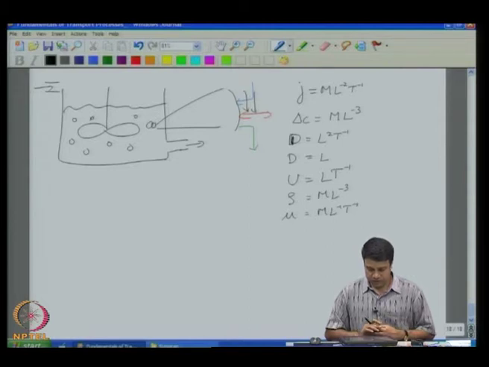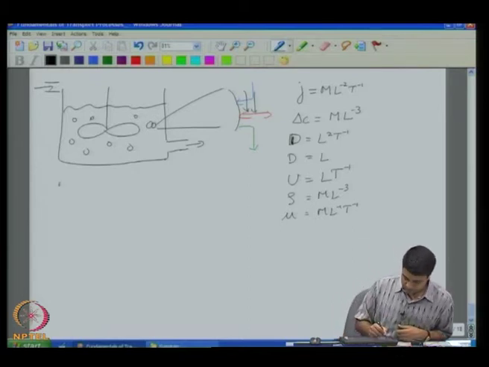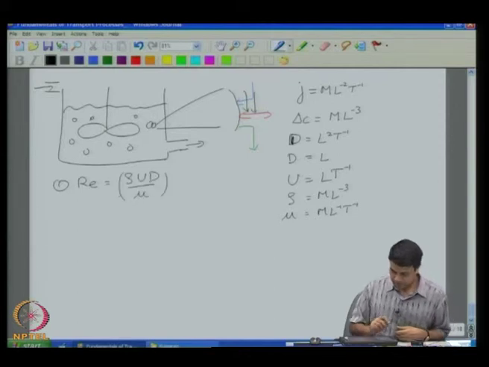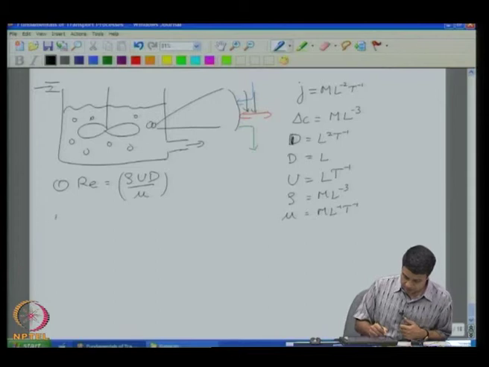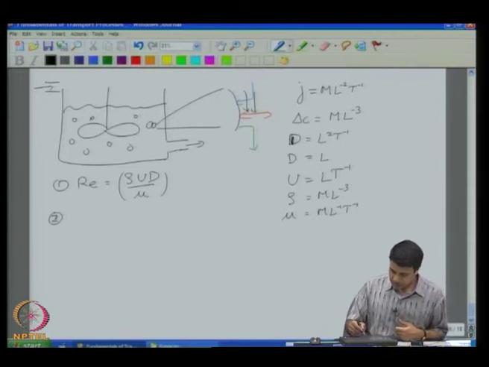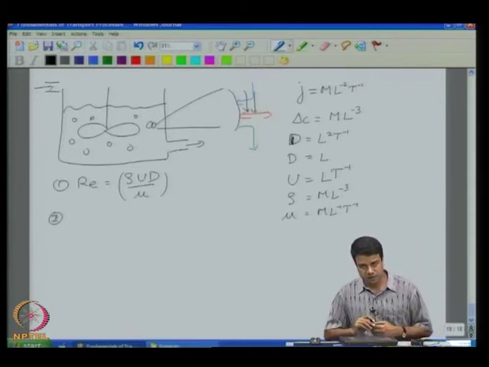One dimensionless group is quite easy to see, the Reynolds number. Then there is one dimensionless group which involves the mass flux suitably non-dimensionalized.